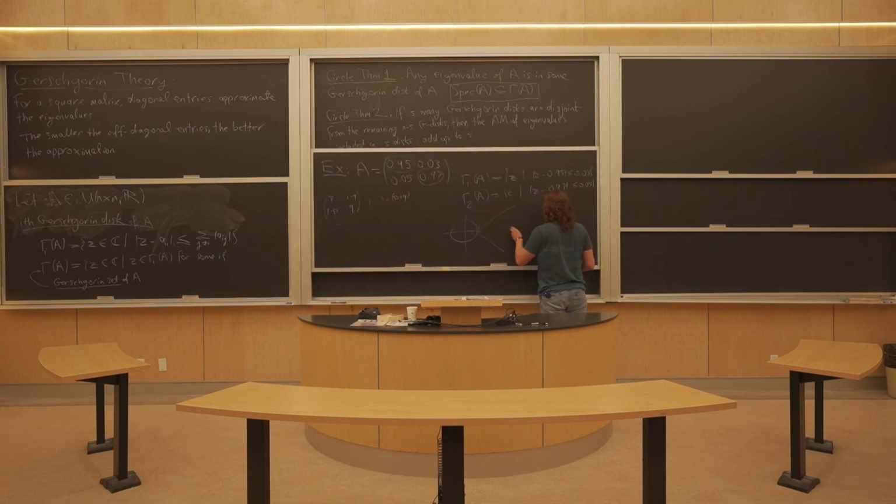So let me just do it like this. This is 0.95, 0.96, 0.97, 0.98, 0.99, 1. That's 1. This is 0.95. And what else do I need? I need to go 3 less: 0.94, 0.93, 0.92, 0.91, 0.9. So this is 0.9 on the real axis.